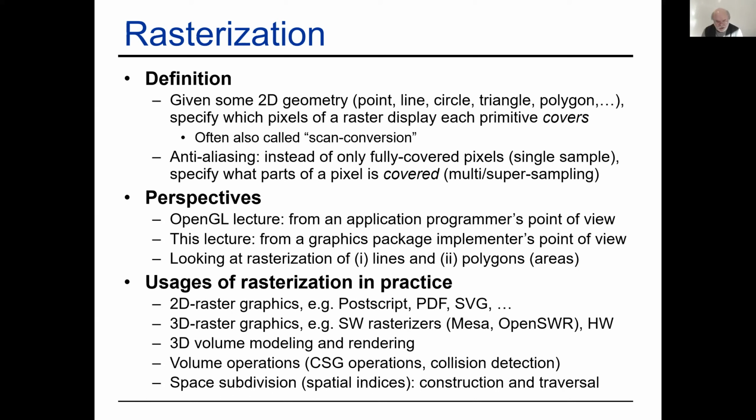So essentially figuring out which parts of the pixel are covered by that primitive. We're not dealing with this here, but it's not difficult to generalize what we're talking about here for that anti-aliasing part. Eventually, you have to resolve that to a single color and alpha value. We'll talk about that a little bit later.